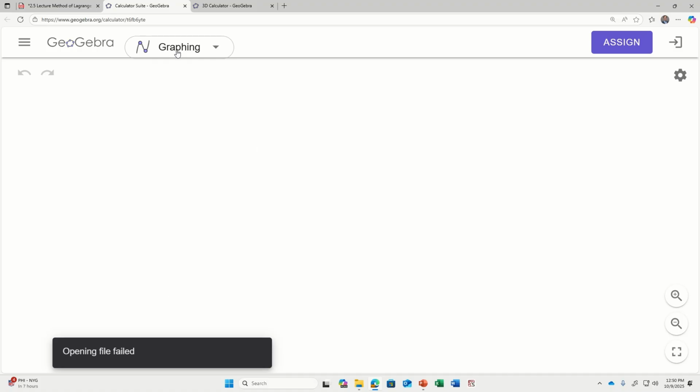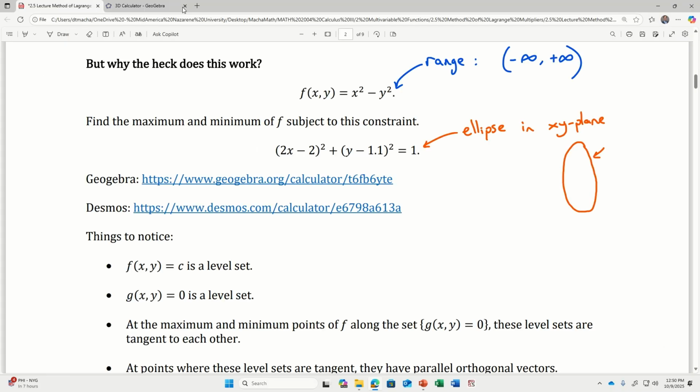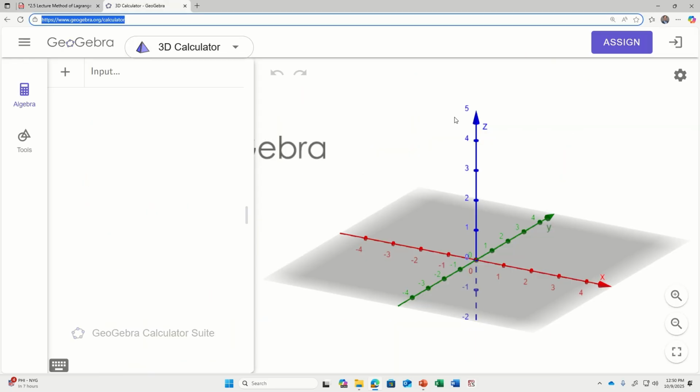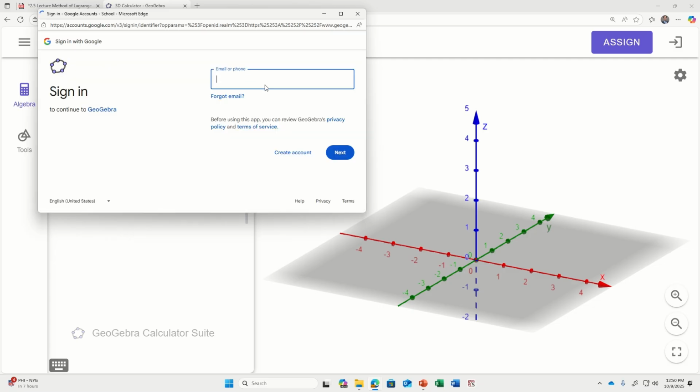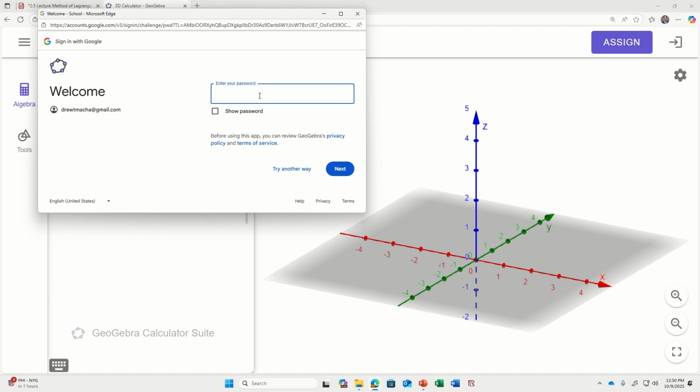Opening file failed. Thank you. Thank you so much, GeoGebra, for doing what you always do. Maybe if I sign in first, it could help. I don't know what my password is.